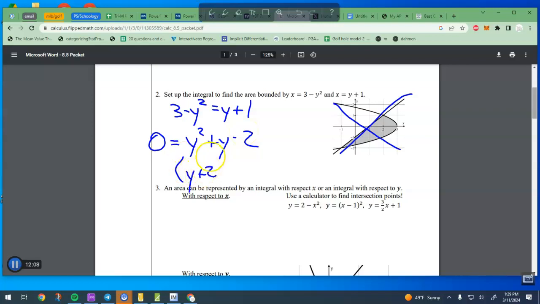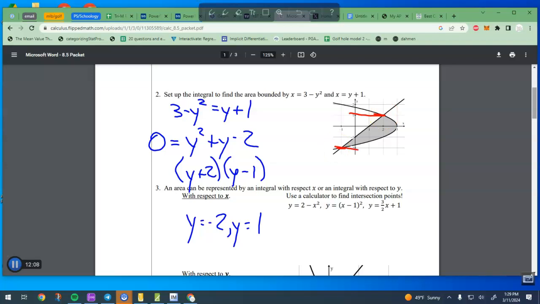So then I have y plus 2 and y minus 1. So y equals -2 and 1. If we looked at this graph that we can't see, there's your -2, there's your 1. It's just the lowest point and the highest point in the function.